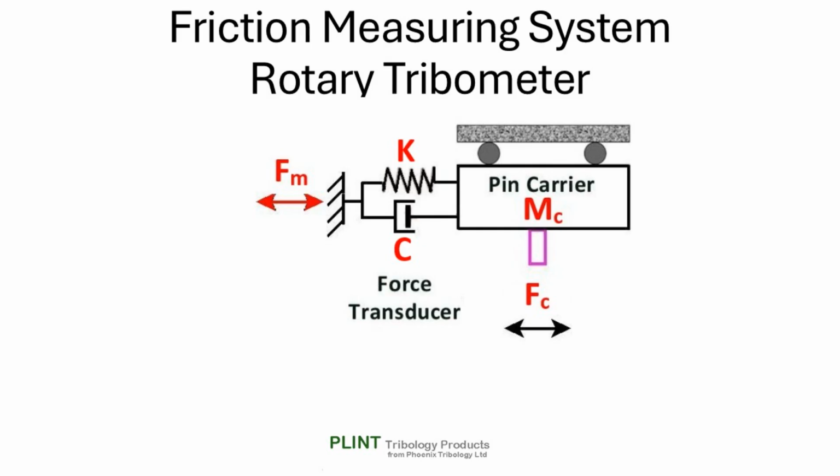Let's now consider what the friction measuring systems might look like. This model assumes that friction in a rotary tribometer is measured at the pin and not with an inline torque transducer. That would be a different model. System excitation, FC, is the time-dependent friction generated in the contact.